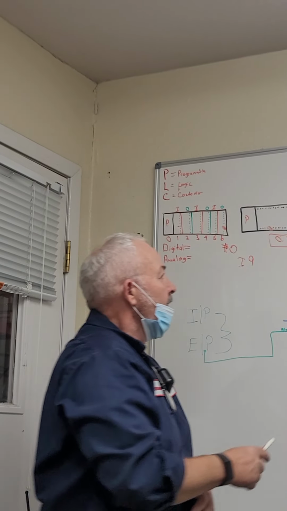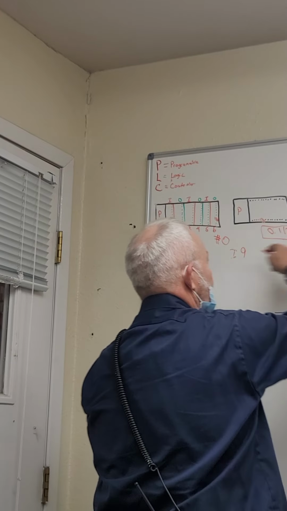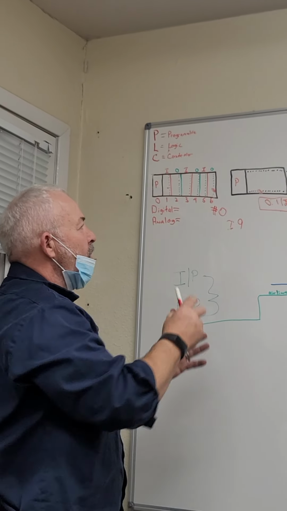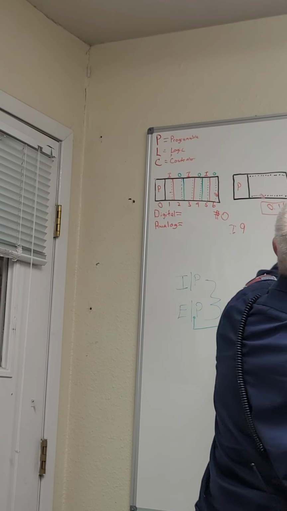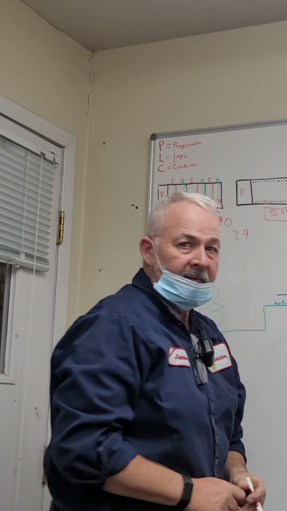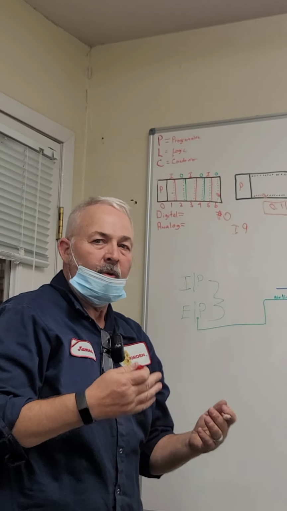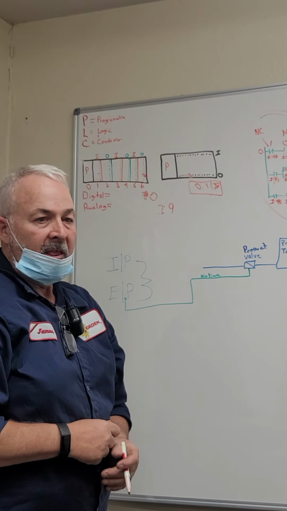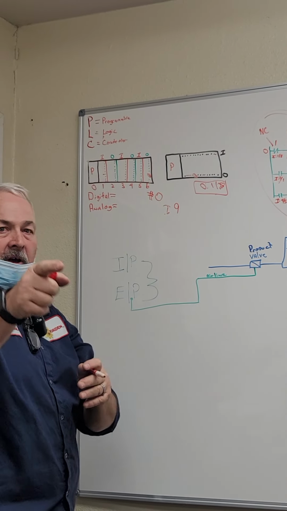Okay, cool. Now, how do we see all this? How do we know what this is doing? Schematics. How do we physically see what this is doing? Not PLC. A PLC is a computer, it's all in a chip.